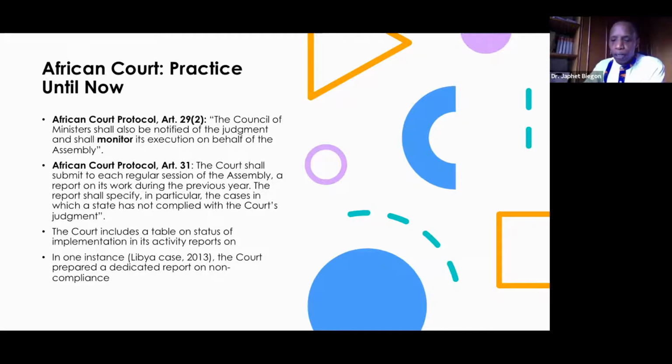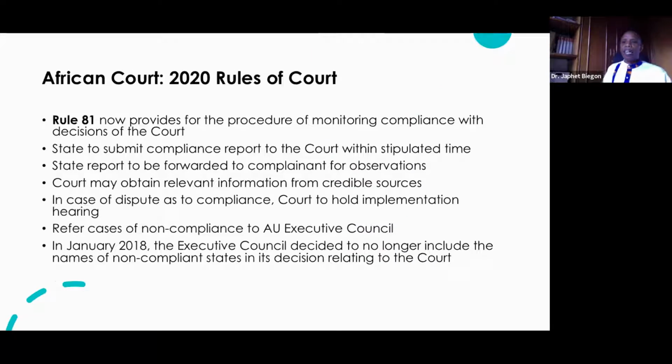But then we have seen the adoption of the new rules of court that came into force in September. The previous rules of court did not provide for an implementation or monitoring procedure. But now we find in Rule 81 of the new rules of procedure an elaborate procedure for monitoring implementation by the court, so that it can collect the information that is needed to be supplied to the Executive Council.